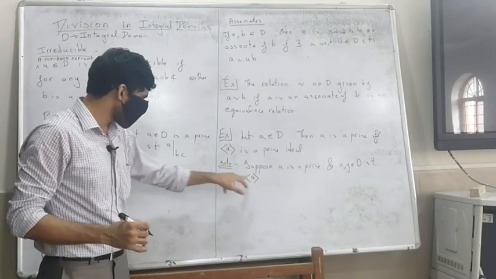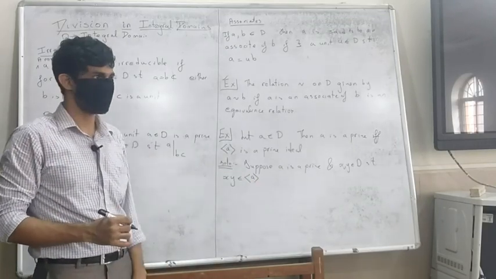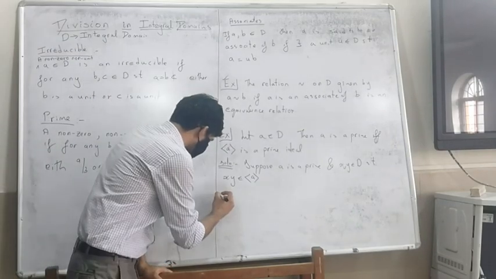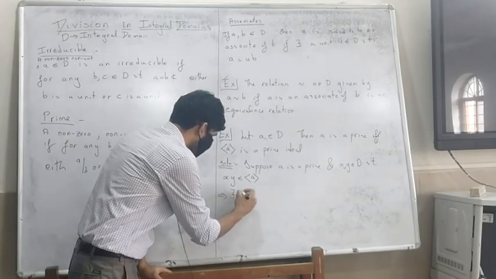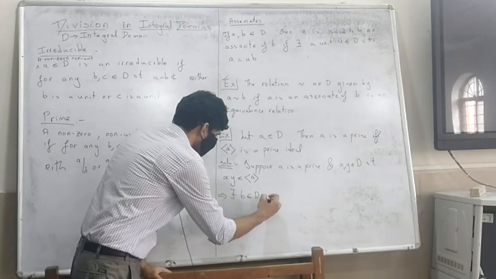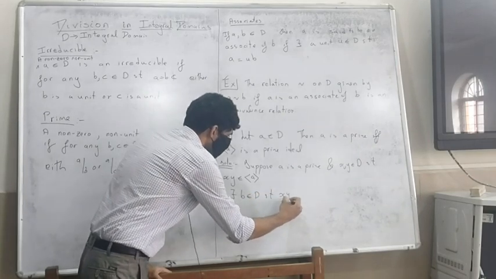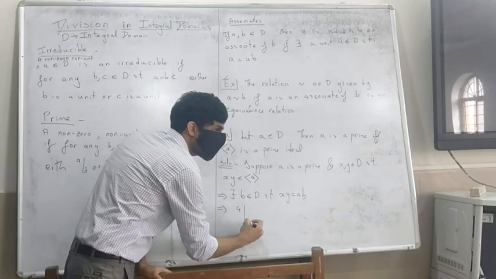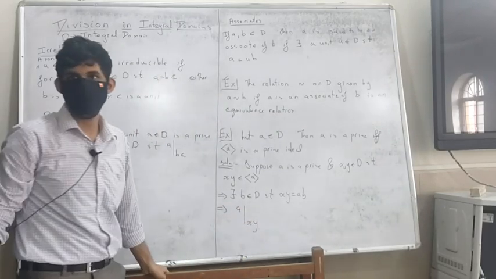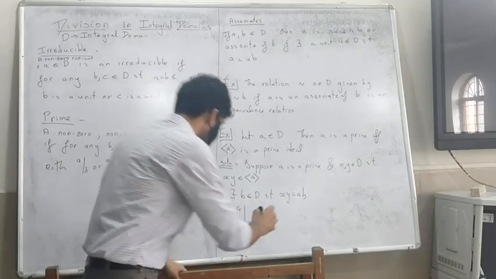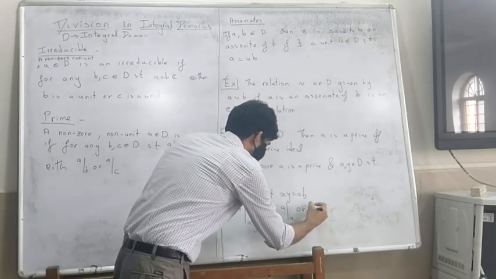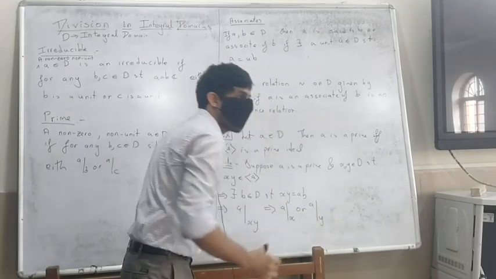What do you mean by saying that xy is in (A)? This means that there exists some B in D such that xy is equal to AB, or in other words, this simply means that A divides xy. But since A is a prime, this simply means that A divides x or A divides y.